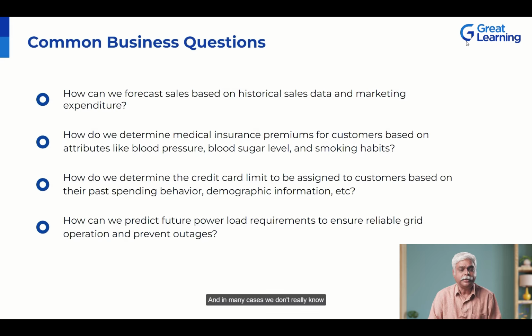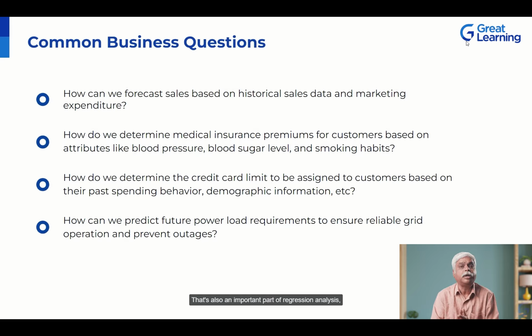And in many cases, we don't really know what the input variables are. So, for example, in the last business question, we might say, what do we need to have as information from grid operations? What do we need to know about the grid? What do we need to know about, shall we say, demand conditions of the grid? What do we need to know about electrical characteristics of the grid?